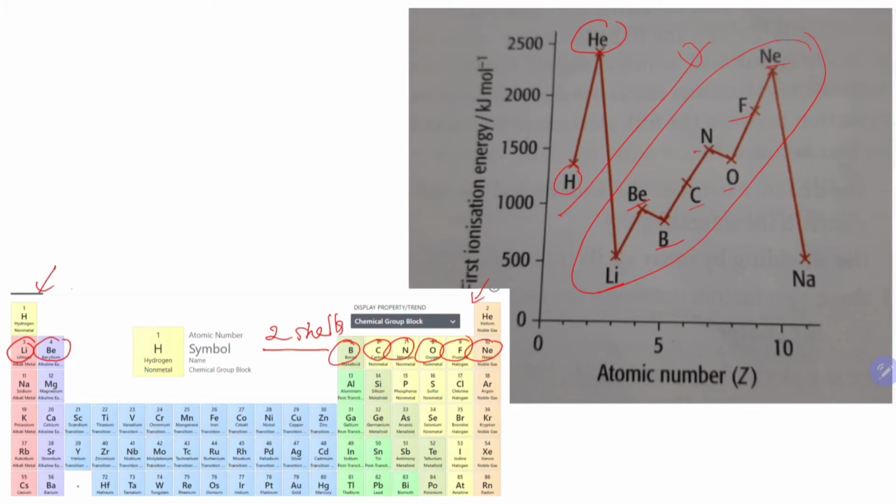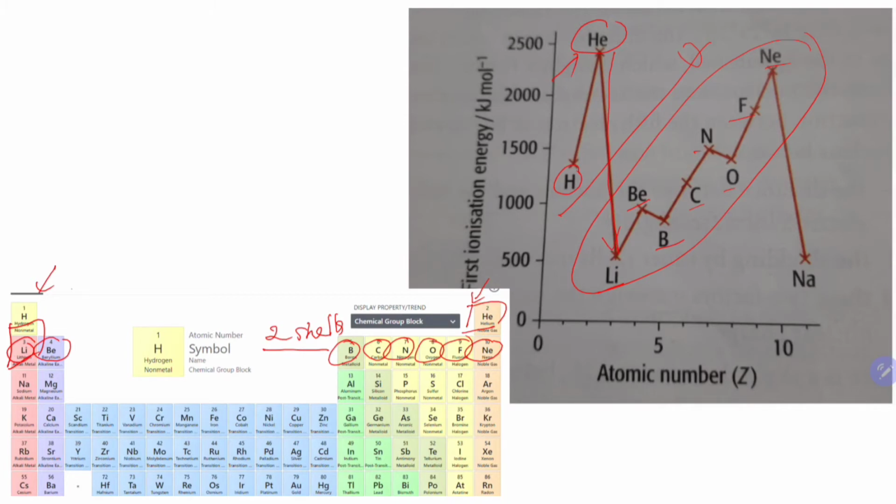Why does it increase? We'll explain using the 3 factors we mentioned previously. Then compare helium with lithium. Helium is in period 1, lithium in period 2. So there is an increase of 1 shell, but the value drops from helium to lithium.